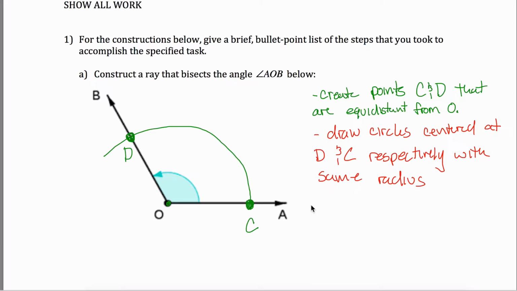You can choose any radius you want as long as that radius is greater than the distance from C to O or D to O. I'm going to put the pointy end here and the drawing end here and create this circle going like this. You might say you don't need the whole circle, you only need these special parts. You're right. I really only need the part up here and the part down here.